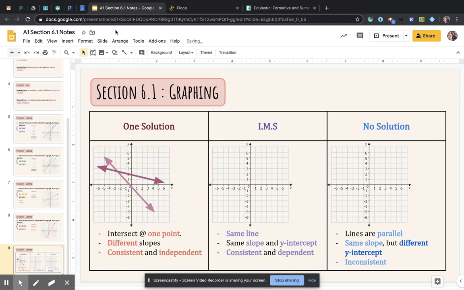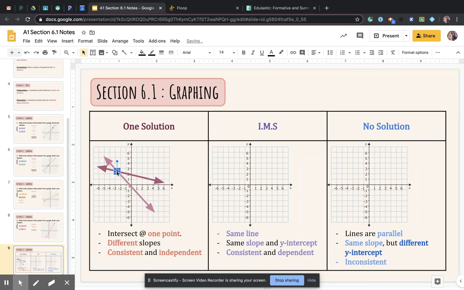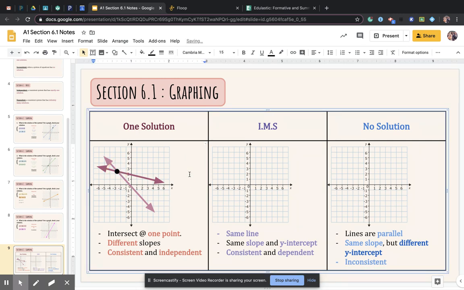And they are intersecting at exactly one point on the graph. It could always be different each time. They have different slopes. They could have the same intercept if their intercept is where they're intersecting. And then they're consistent and independent. Those are the words we would use.